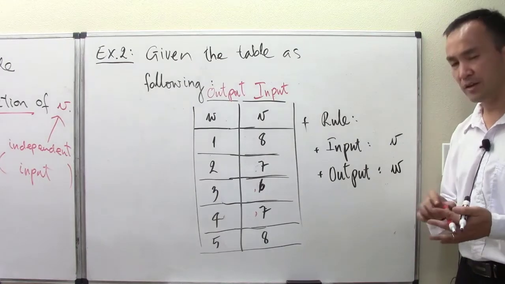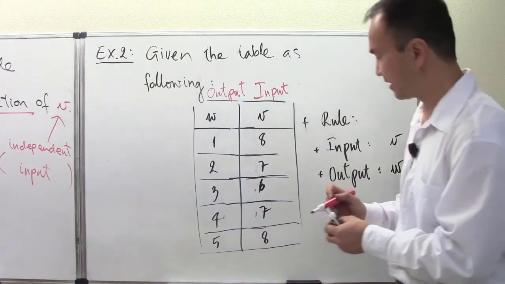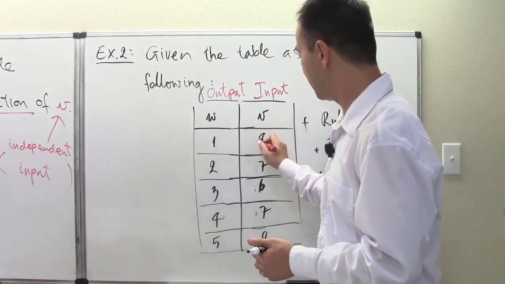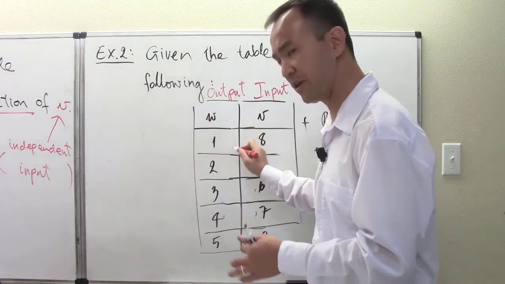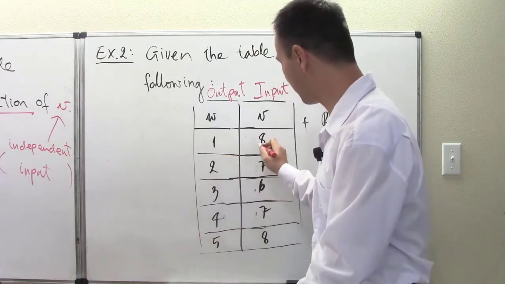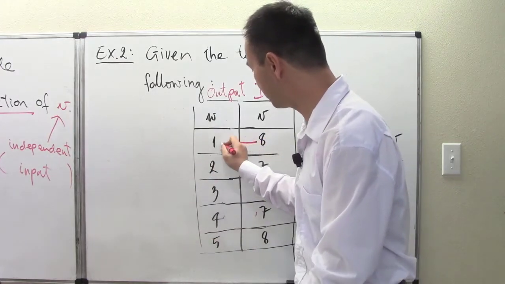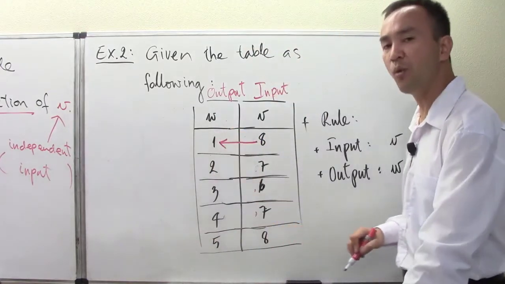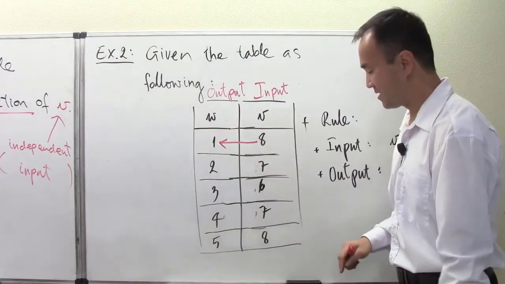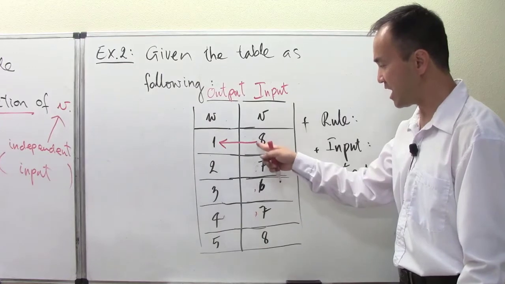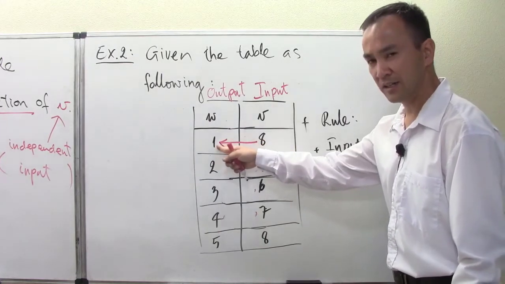Now let's do the same checking. With 8 being the input, according to the rule represented by this table, 8 lands into 1. So this is the output.